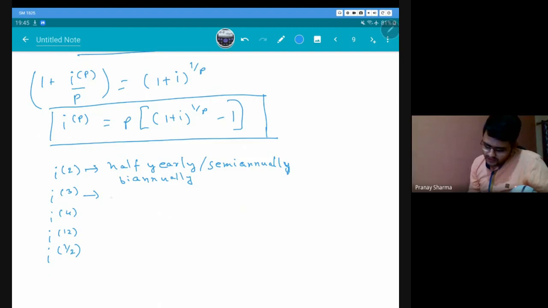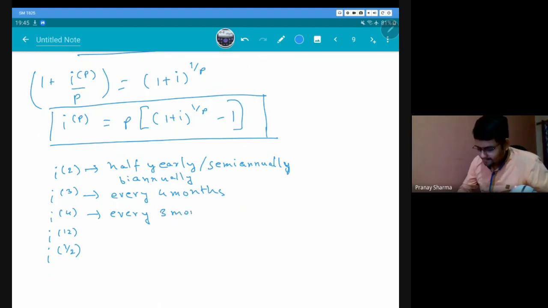Then I3 is every 4 months. There is no name for this. I4 is every 3 months. This is very confusing. People get confused between I3 and I4. I3 is every 4 months. I4 is every 3 months. Or we say quarterly. It gets a little bit confusing, but you should just keep a little bit of awareness and you will have no problem in it.